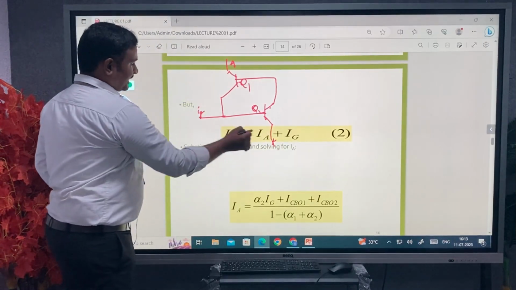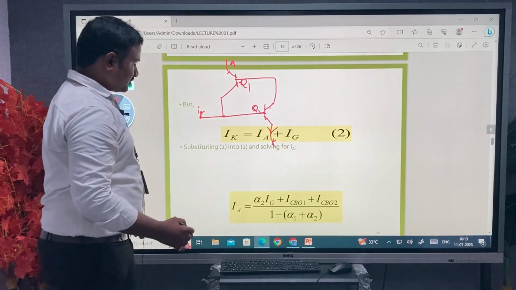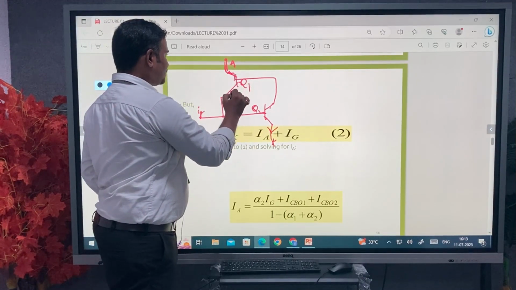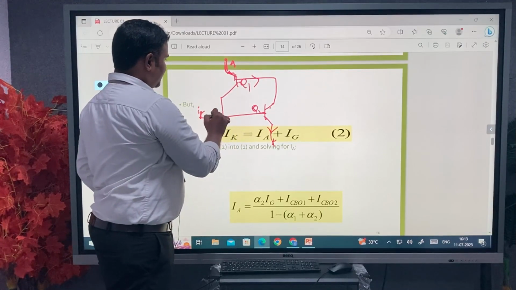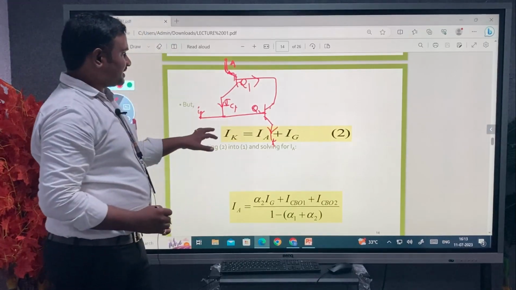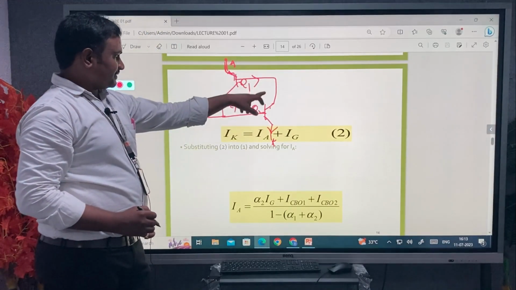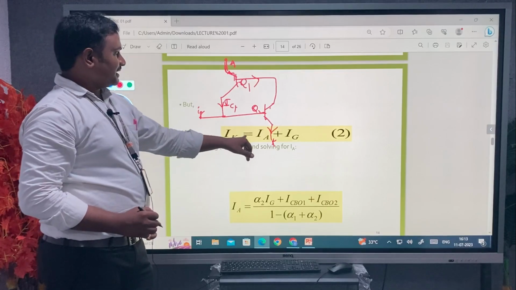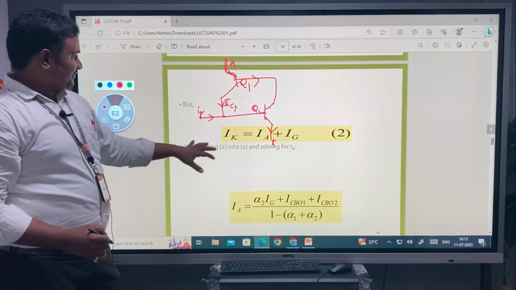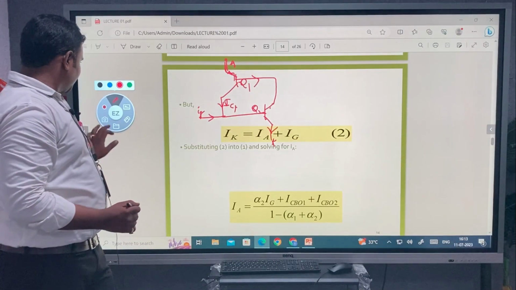So the current flowing through the cathode is nothing but coming from the anode terminal to the cathode, and from the IC1. So this is nothing but the sum of your anode current flowing through this switch and the IG current given to the gate signal.